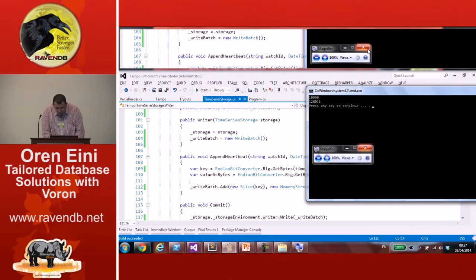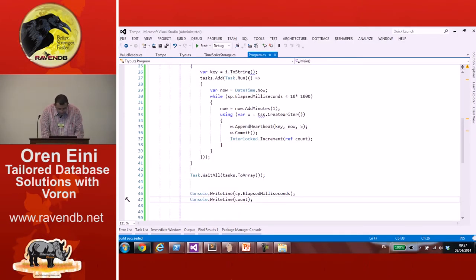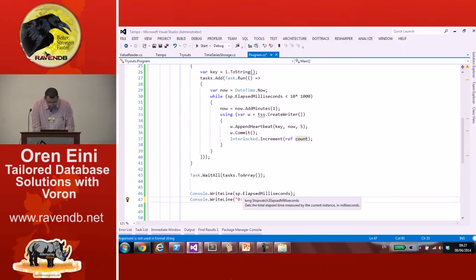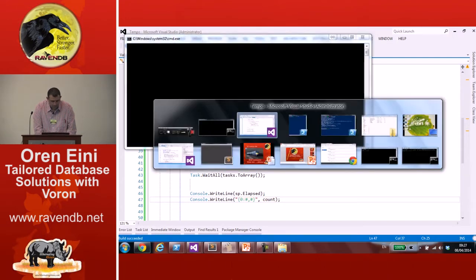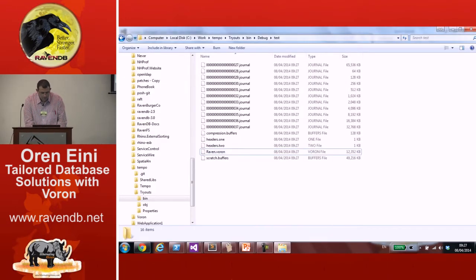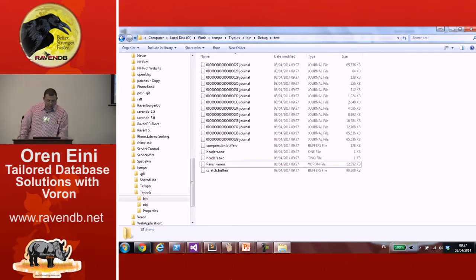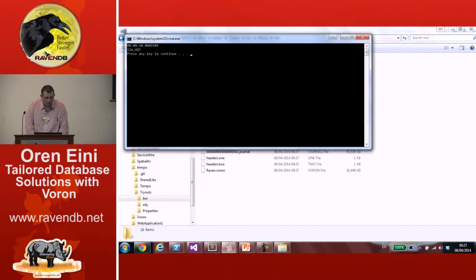I actually want to run this again because I can't process numbers like that. And again, now we're talking about a lot of activity on the database side. We have about half a gig, which is respectable.